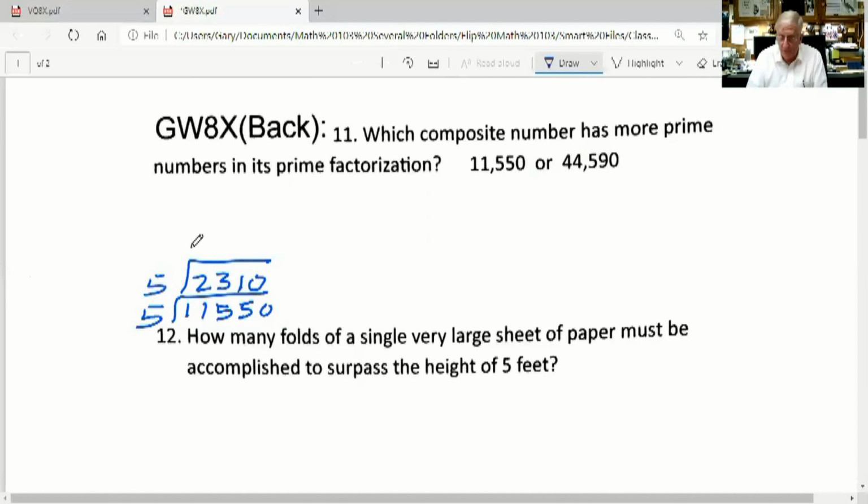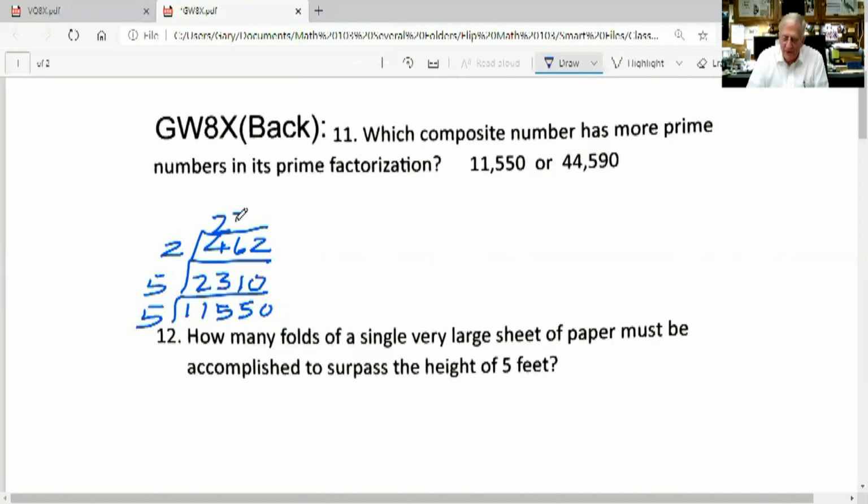It's also divisible by 2, but let's divide by the larger number. It seems to go a little faster that way. So I'm going to take 2310 and divide it by 5. When I do, I get 462. Well, 462 is an even number, so I know I can divide it by 2.